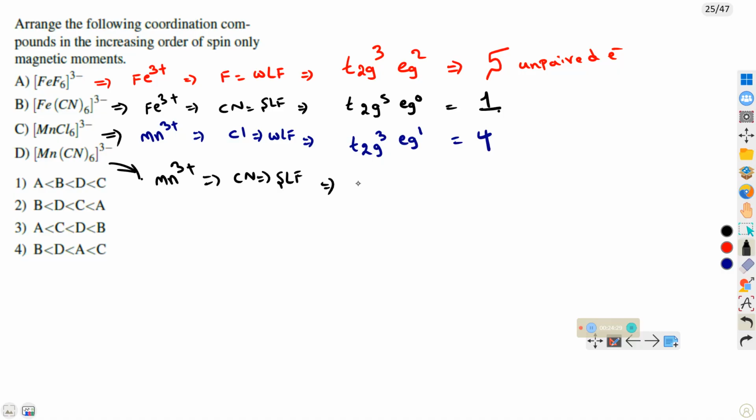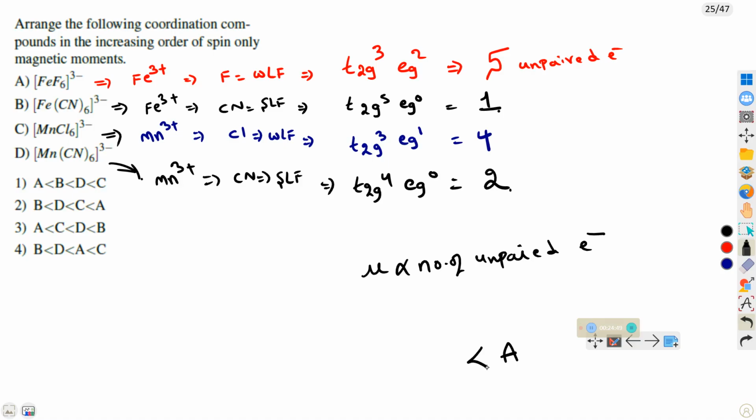Electronic configuration is t2g4 eg0, unpaired electrons only 2. Magnetic moment mu is directly proportional to the number of unpaired electrons. So B before D, D before C, C before A: BDCA. Second option.